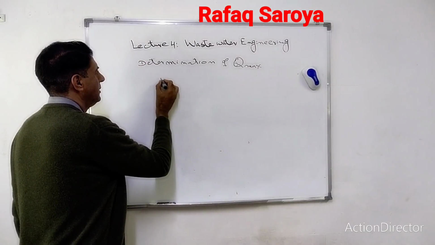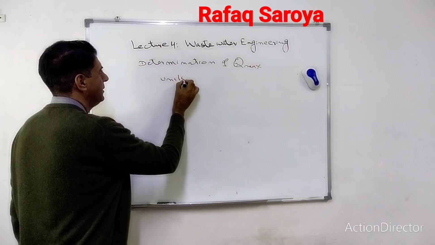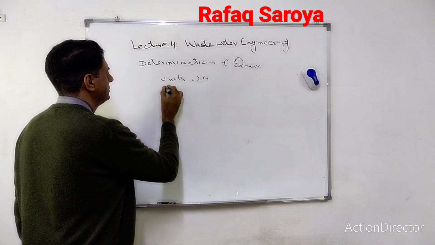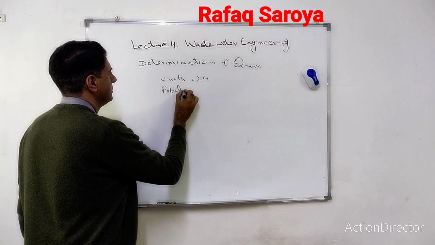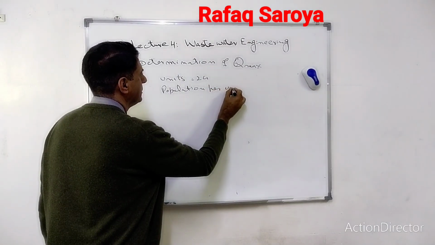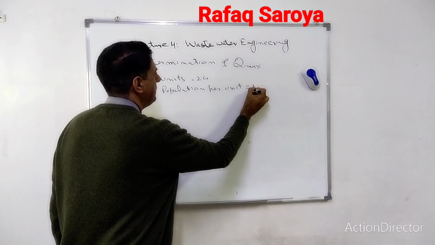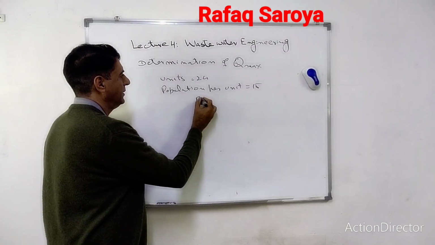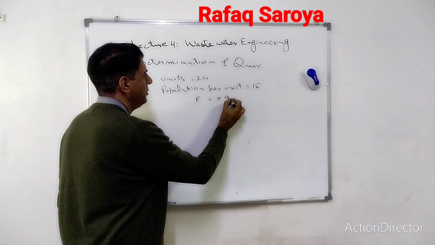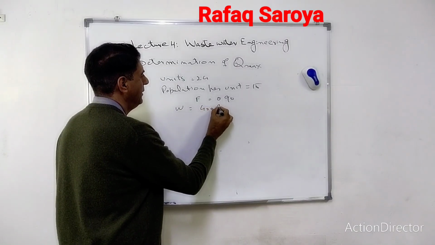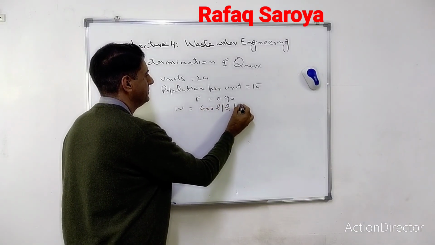For how many units? 24. Population per unit is 15, return factor 0.90, and water is being supplied at 400 liter per head per day.